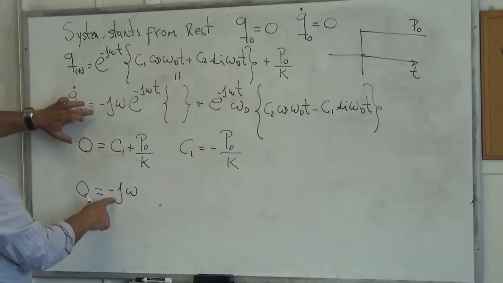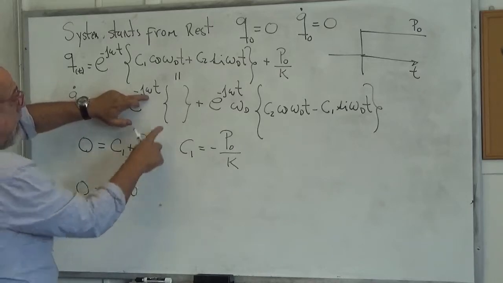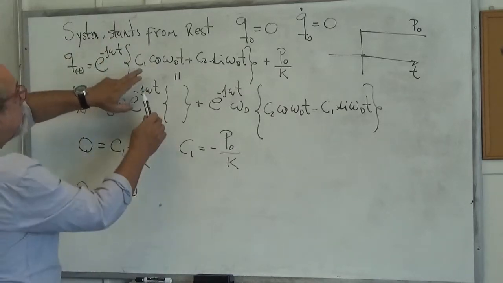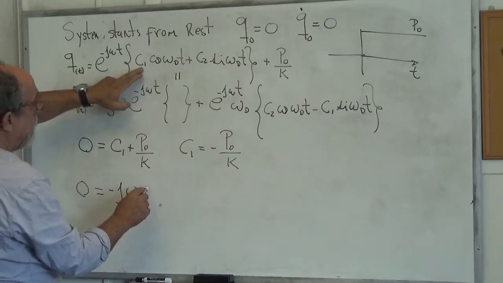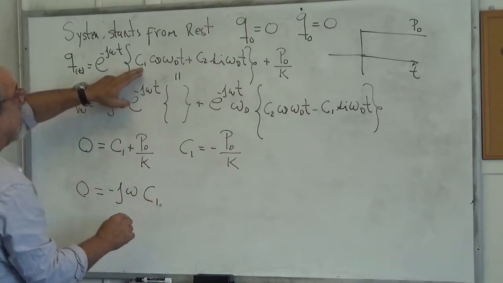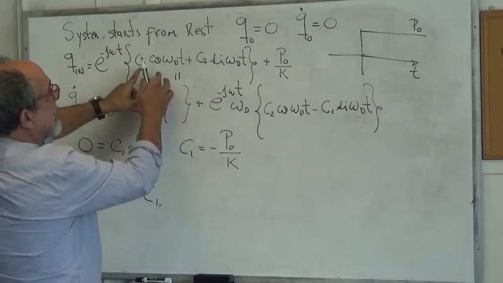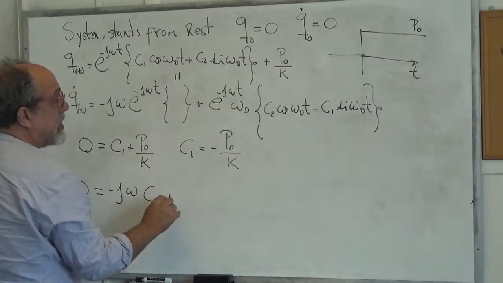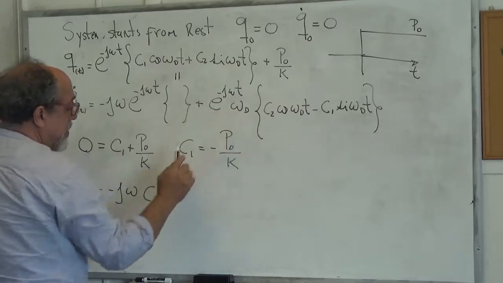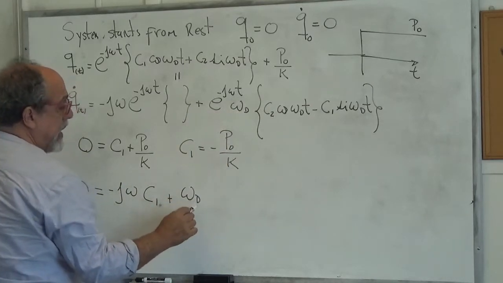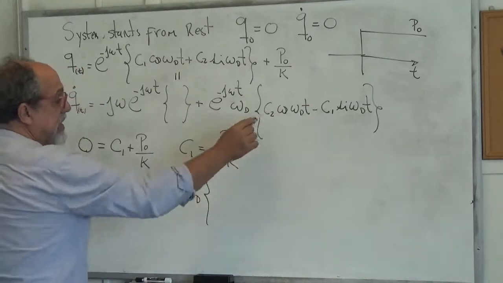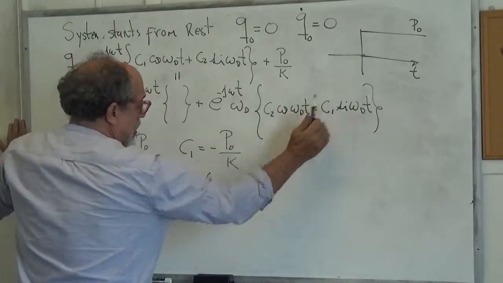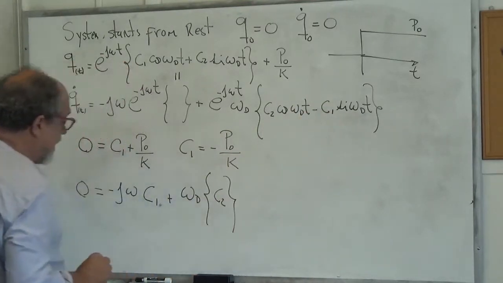So 0 is minus psi omega. This is a 1. The parenthesis is C1, right? And that's it for the parentheses, just C1. Now I come to this term here, which is plus, this is a 1 at 0, so that's omega damped. And the second thing here is C2, and this is a 0 here, right? So we have something like that.